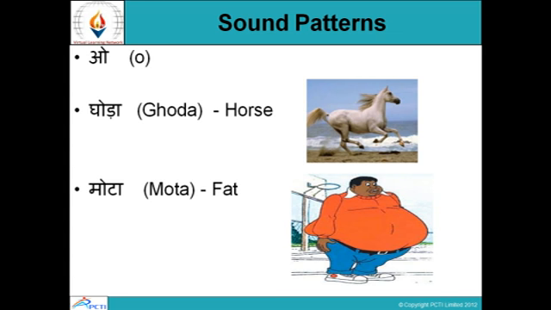It's called ghoda. Next is mota. Mota is what? Fat. You can see in the picture, fat man. When we suffer from obesity, the man becomes fat. It's called mota.